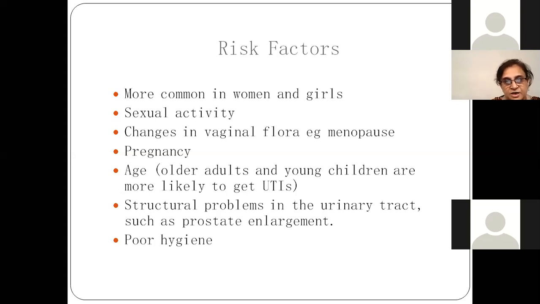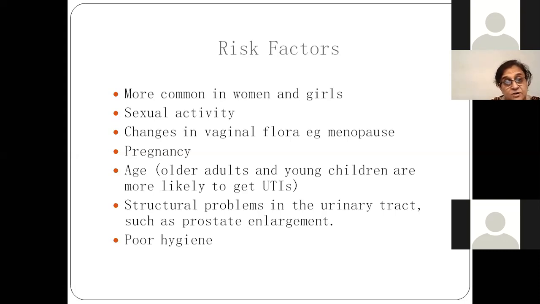Initially, in the vagina there are more gram-positive bacilli, lactobacilli, but with menopause, because of the hormonal changes, gram-negative bacteria start occupying the vagina. So the normal flora are changed. Because of these changes, the flora, although a part of the vagina, now have more chances of reaching the bladder and causing cystitis and then further infection.